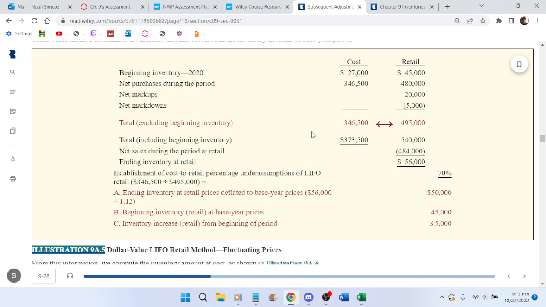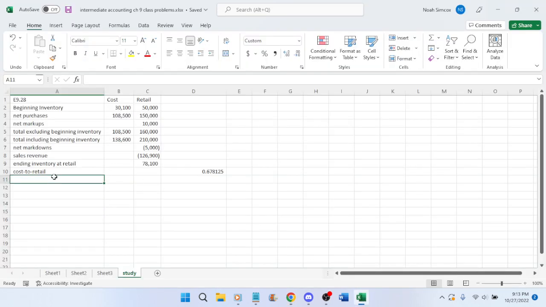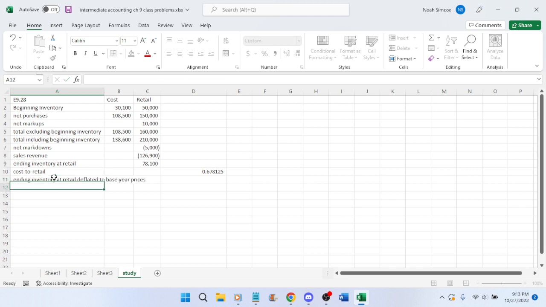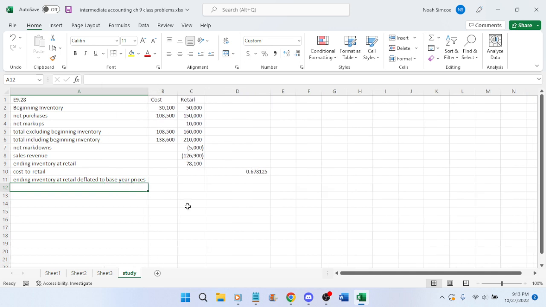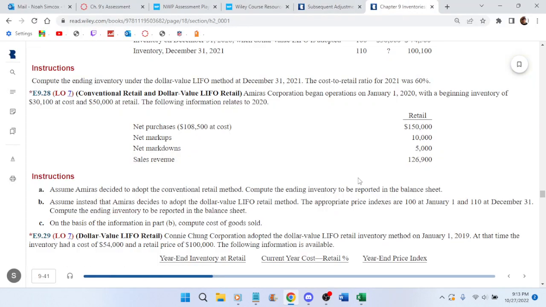Ending inventory at retail prices deflated to base year prices. So that's going to be equal to, now they already gave you in the question that in order to deflate your end of year to base year, it went from 1 to 110.